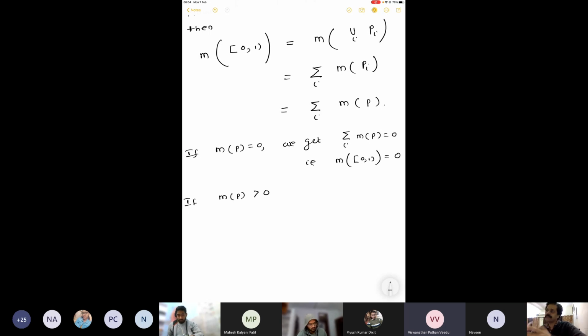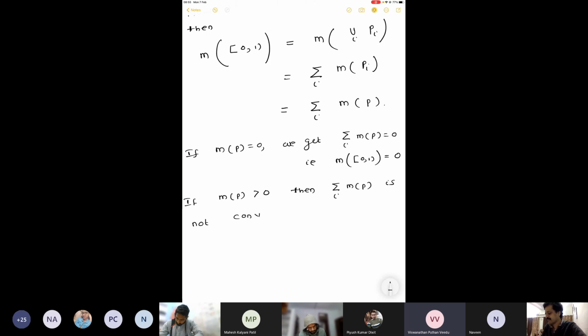Maybe infinity, but infinity cannot happen because you are inside [0,1). Anyway, if measure of P is non-zero, what can you say about this summation? A non-zero number, you are adding infinite number of times. It is infinite. Can it converge? No. Then summation over i of measure of P is not convergent.